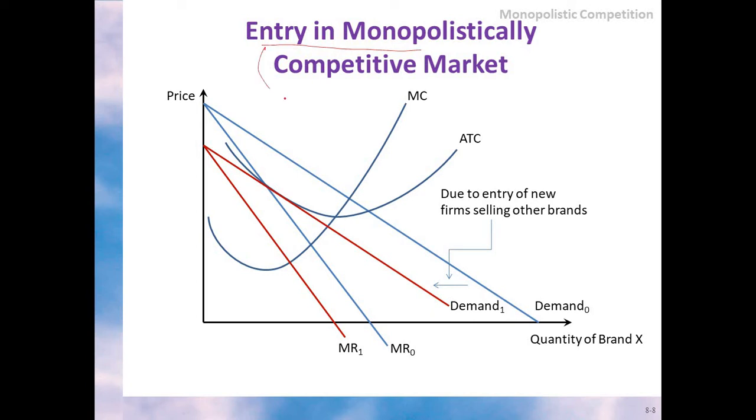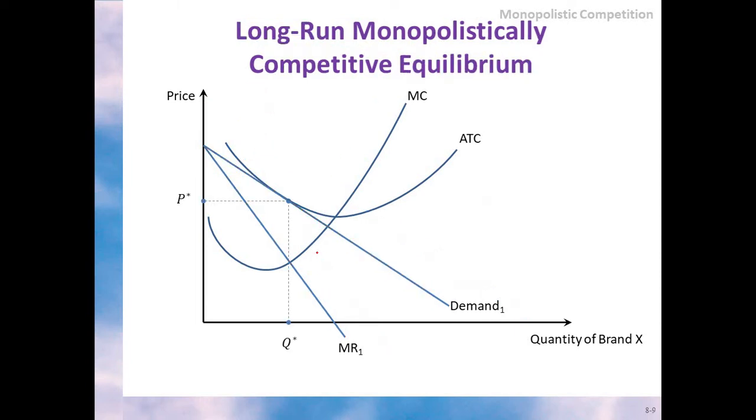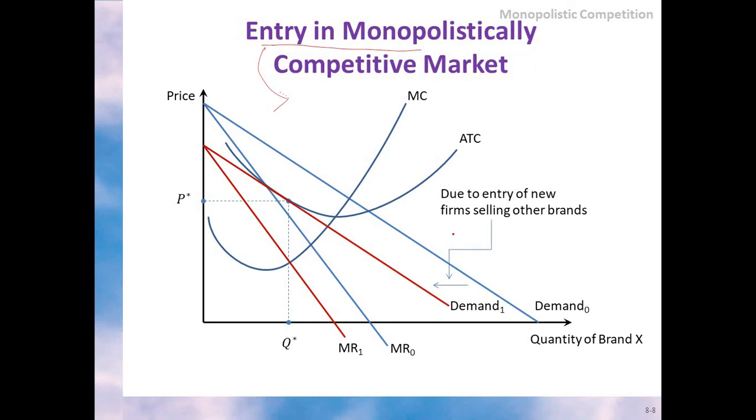Because when more and more firms enter the market, and the product is substitutable, even though not perfect, the demand for this particular firm will shift to the left, and so will the marginal revenue curve. This is because you have more competition, as it is easy for new firms to enter the industry, so the demand curve shifts to the left.